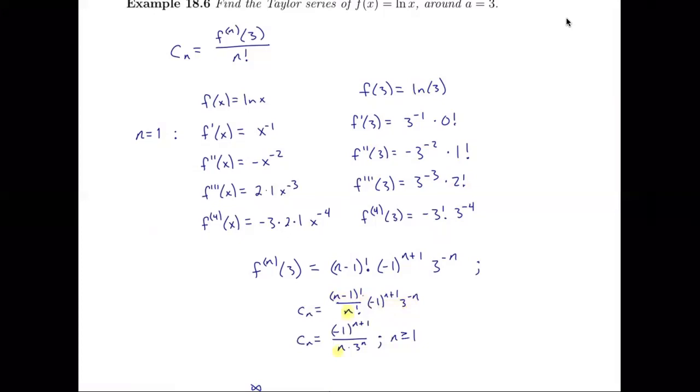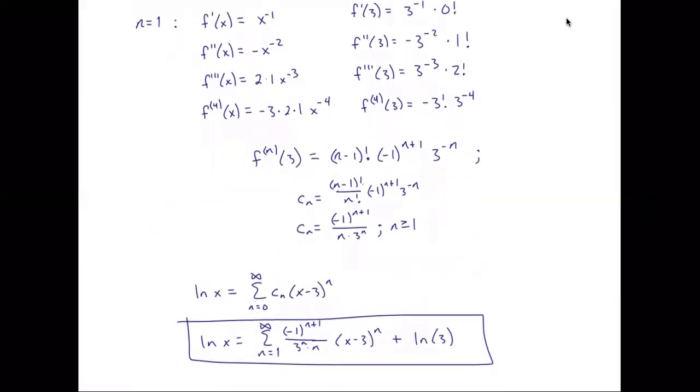In fact, n factorial is n times n minus 1 factorial. So we're left with just a nice clean n. We still have our alternating negative 1 to the n plus 1 term, and 3 to the negative n is just, well, we can put 3 to the n in the denominator, and that's just the same. This is only true for n greater than or equal to 1 because, of course, we can't capture with this pattern this natural log of 3. So natural log of 3 will just really be our constant that we add to this power series.